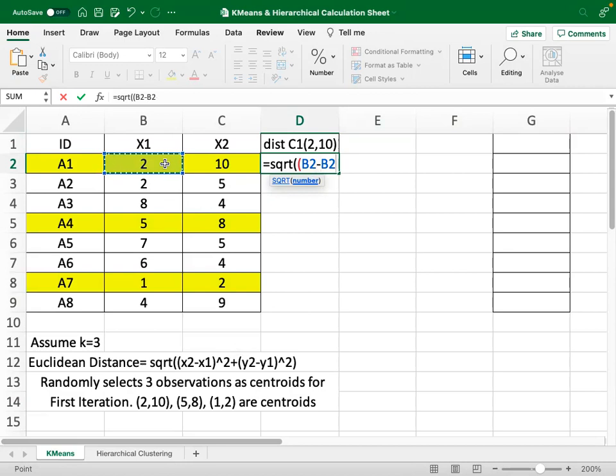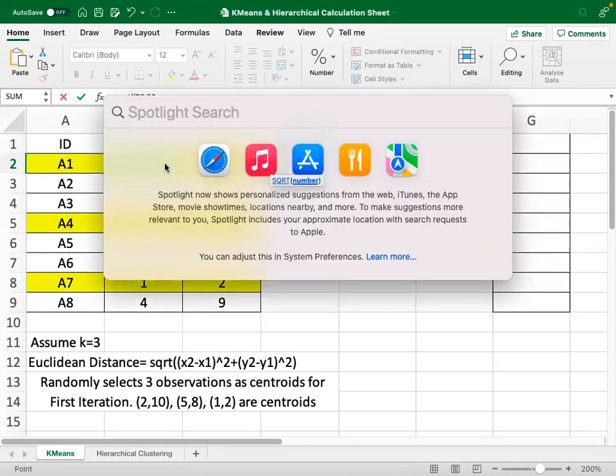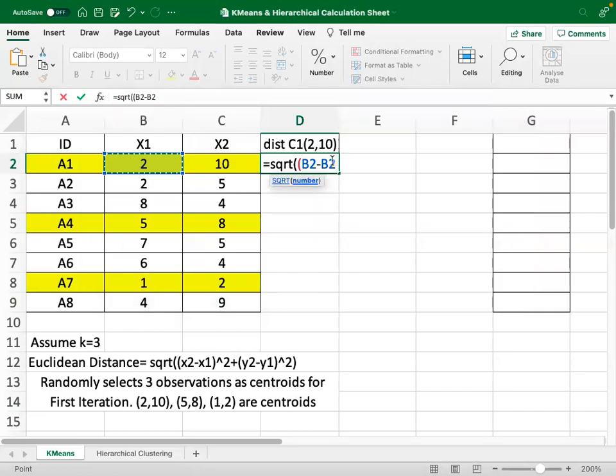X1 you have to fix by pressing F4, to the power of 2, plus open bracket 10 minus 10, fix it by pressing F4, to the power of 2, close bracket.